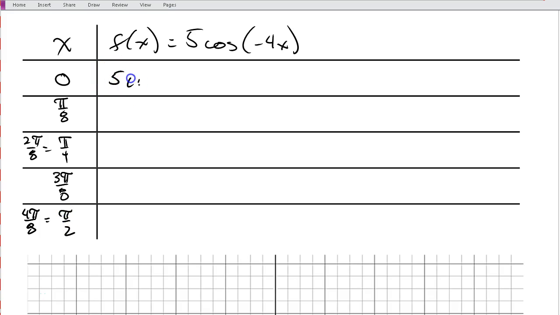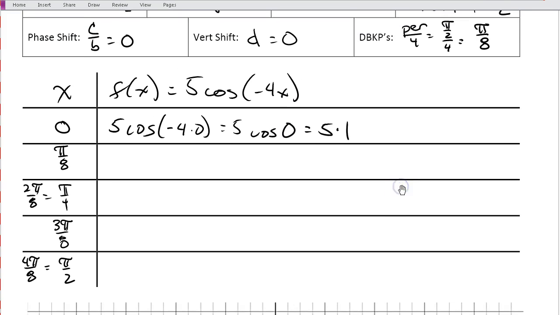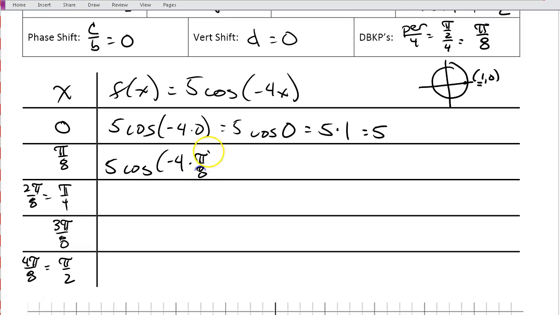I've got 5 cosine negative 4 times 0, which is 5 times the cosine of 0, which is 5 times 1, because remember, on our unit circle, at 0, the cosine is 1, so this is going to be 5. Then I've got 5 cosine negative 4 times pi over 8.